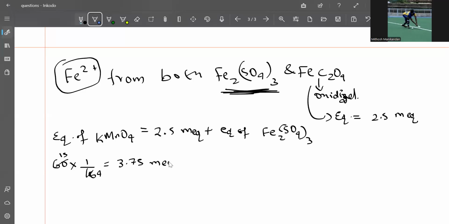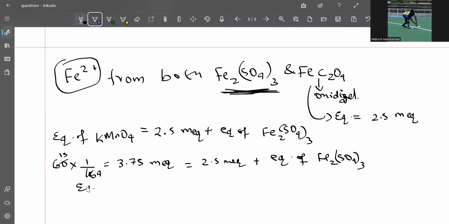So 15 by 4, you will get 3.75 milli equivalent, which is equal to 2.5 milli equivalent plus equivalent of Fe2(SO4)3. Okay.